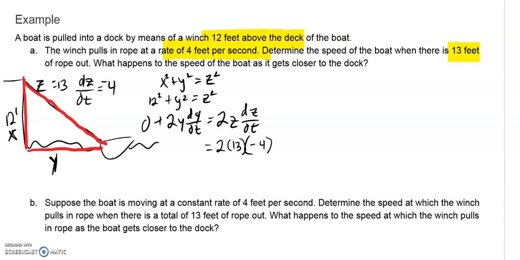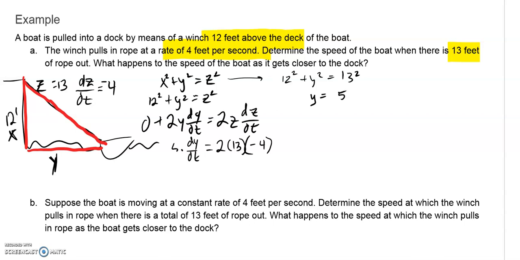And then over here, we do not know dy dt. We do know y. It's implicitly given to us because y is that third side. So if you know a squared plus b squared equals c squared, you know that this is 12 squared plus y squared equals 13 squared. Y in this case has to be 5.